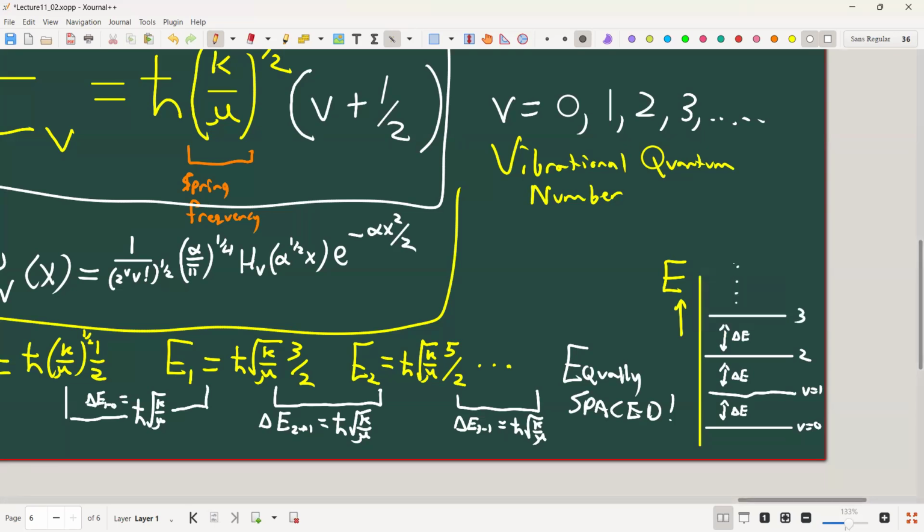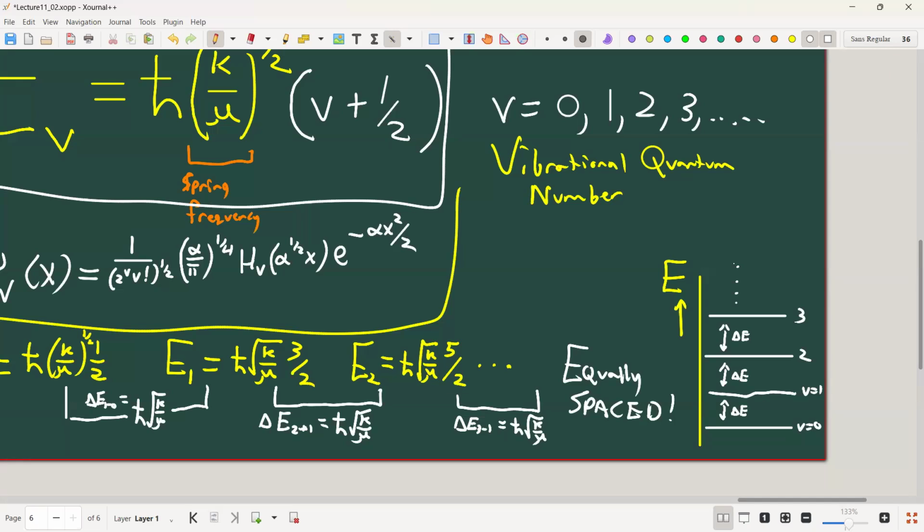So we have this beautifully equally spaced ladder of levels where the spacings are set only by the behavior of the spring, just like we saw before. Remember the oscillating frequency of our classical spring, how fast it moves up and down, was just a function of how much mass was attached. In the same sense, the energy levels are equally spaced and dependent only on the spring as well.